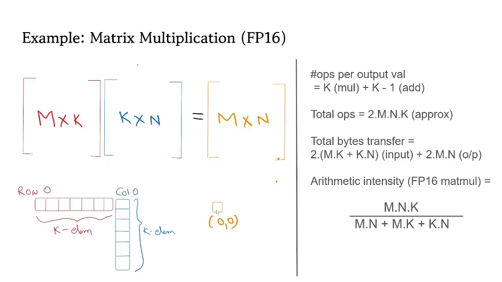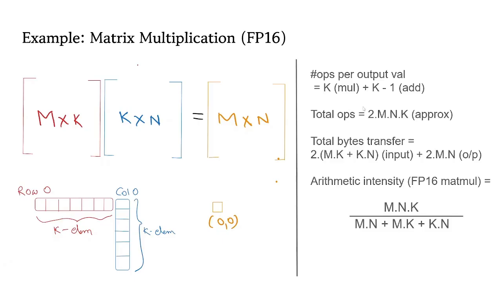For this output value, how many operations did we have to do? If there are k elements in this vector, we had to do k multiplications and then k minus 1 additions.